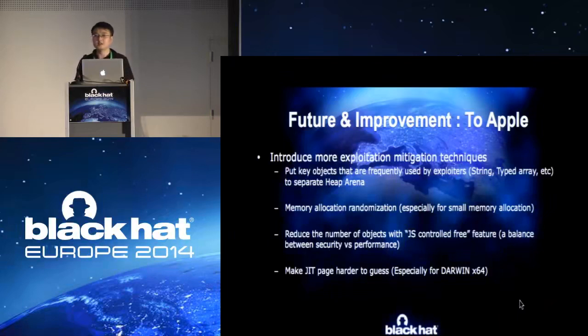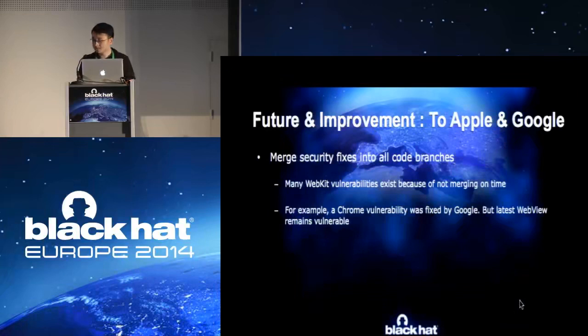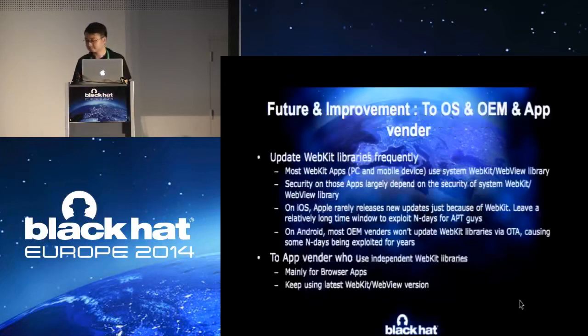And of course, we need to make the JIT page harder to guess, especially on 64-bit. The suggestion to Apple and Google, because they both maintain the code of WebKit: I often see some security fix applied to one code branch but not to all the code branches, which leaves a time window for hackers to exploit.